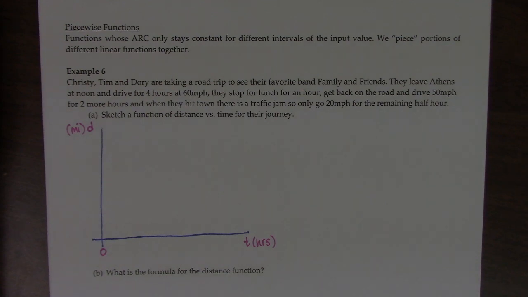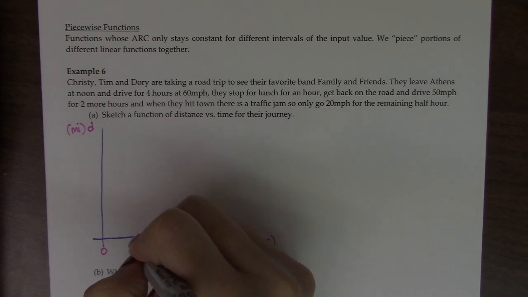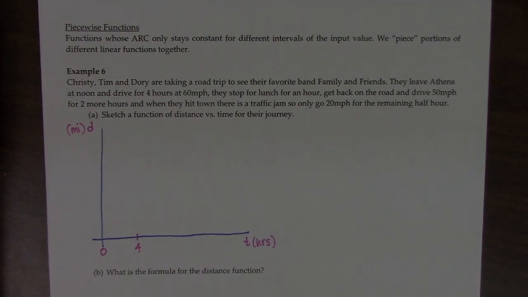So the first thing is they leave Athens at noon and drive for 4 hours. So I'm going to put a 4 on the x-axis. And they drive for 4 hours at 60 miles per hour. So if we go 60 miles an hour for 4 hours, we've traveled a total of 240 miles.